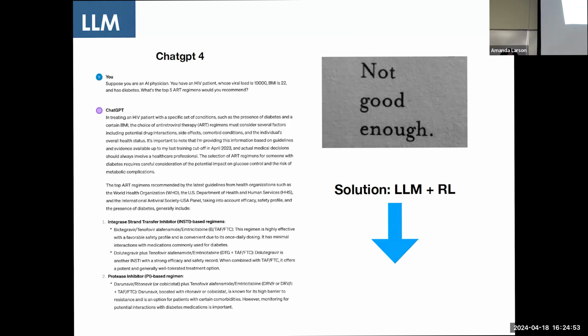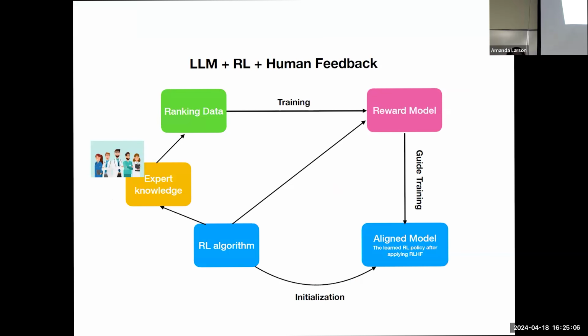And one step further, we're considering a more advanced framework: large language model plus reinforcement learning plus human feedback. Here the human feedback means the clinicians' expert knowledge.